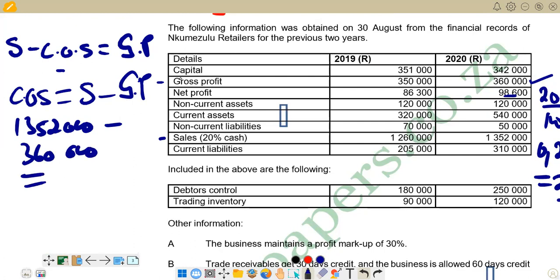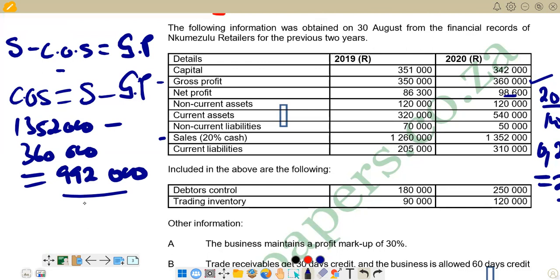Then we calculate that one. 1,352 minus 360, we are going to get 992,000. So this is what we have for our cost of sales.